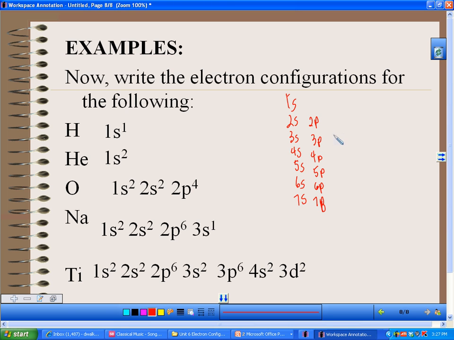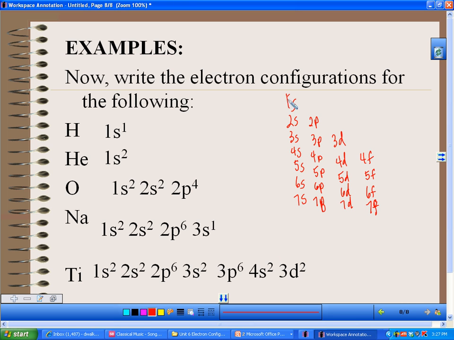And then I do my 3d, 4d, 5d, 6d, and 7d. And then I could go ahead and do my f's. I won't use them. 4f, 5f, 6f, and 7f.